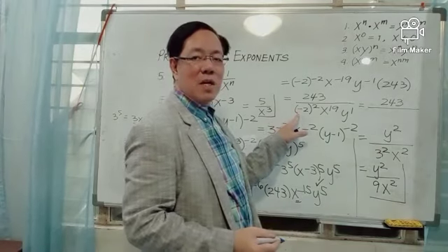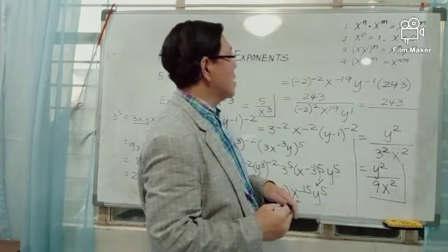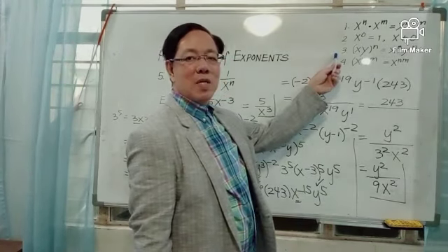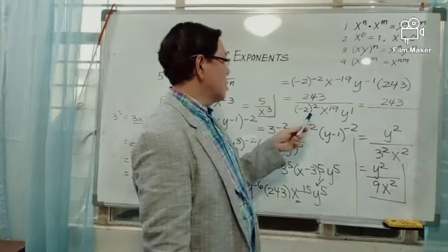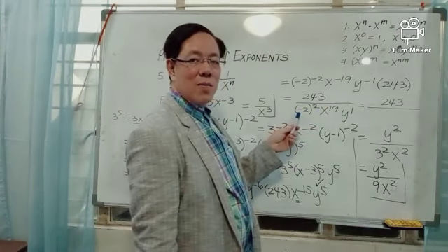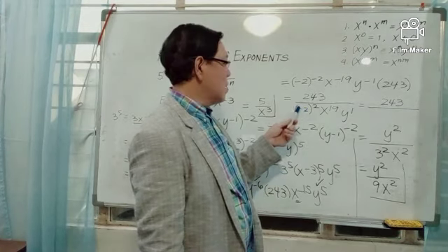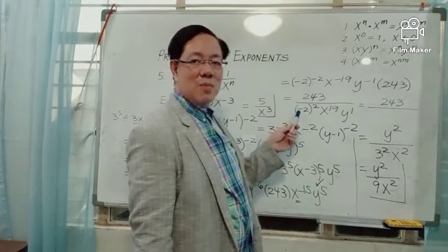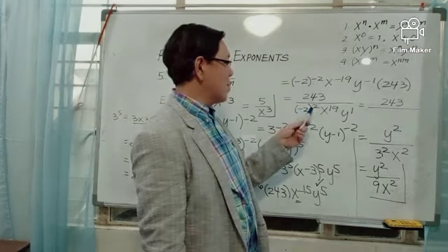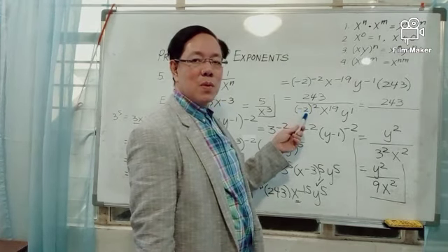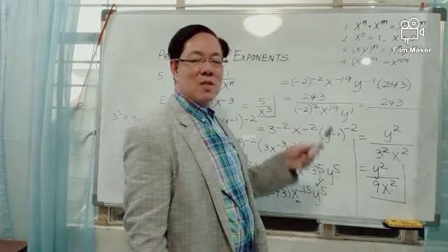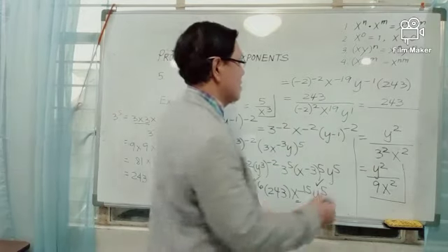We simplify negative 2 squared by applying the third property of exponent. That means you square negative 1, multiply by the square of 2. And the square of negative 1 is positive 1. Multiply by the square of 2. 1 multiplied by the square of 2, 4, is 4.